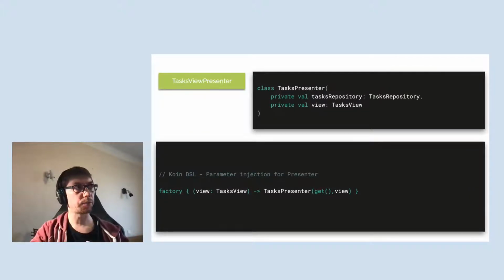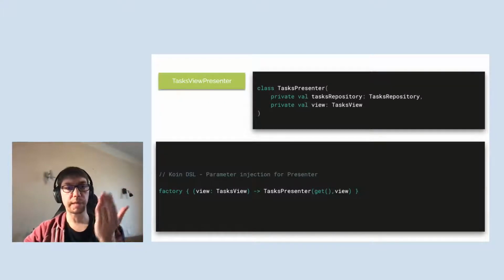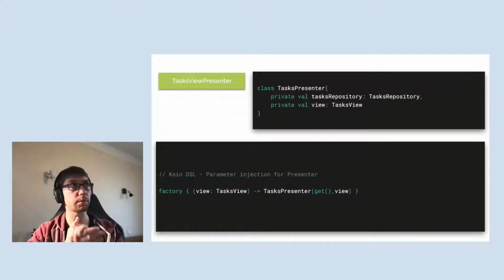That means that we just create a new instance each time we are creating a task presenter. And what you can see here is that we are dealing with a real function. That means that each time the UI is triggering a new task presenter instance, then it will create a new one each time. Then it will follow your UI in a natural way.